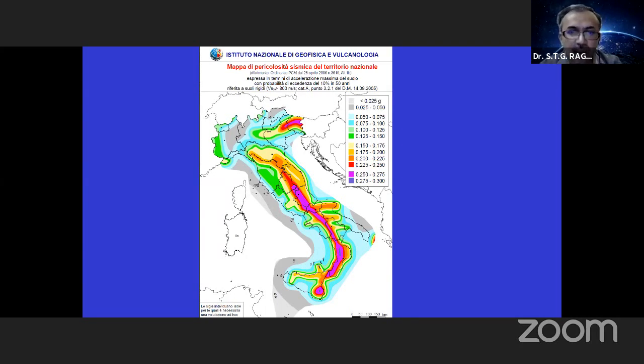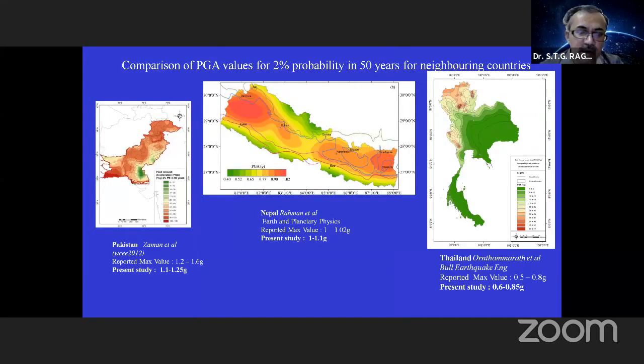When you look at all these maps, now see our neighboring countries like Pakistan, Nepal, and Thailand. Recently, they have done a lot of hazard analysis and have reported their maps. In Pakistan, the Z value they have reported varies from 1 to 1.6g.